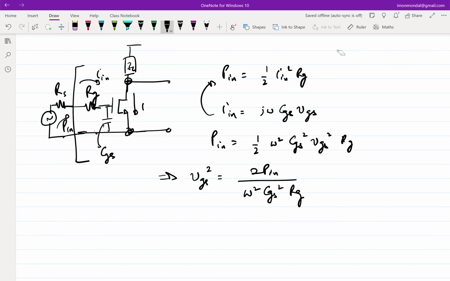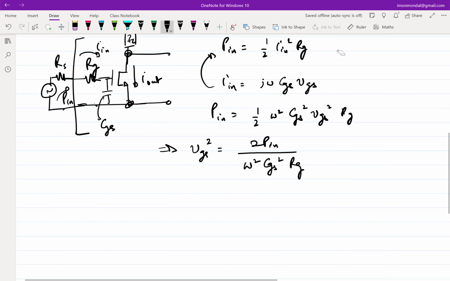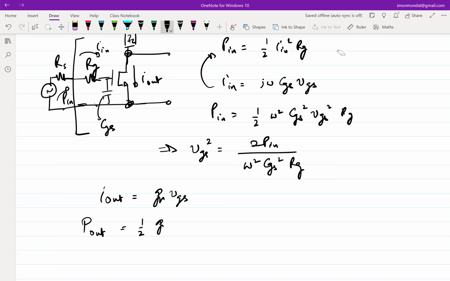Similarly, your output current I out is GM VGS, and your P out is half I squared R, which means half of GM squared VGS squared times R out. Let's say I'm only interested in R out, which is the intrinsic gain that comes with the MOSFET. You cannot do better than that.